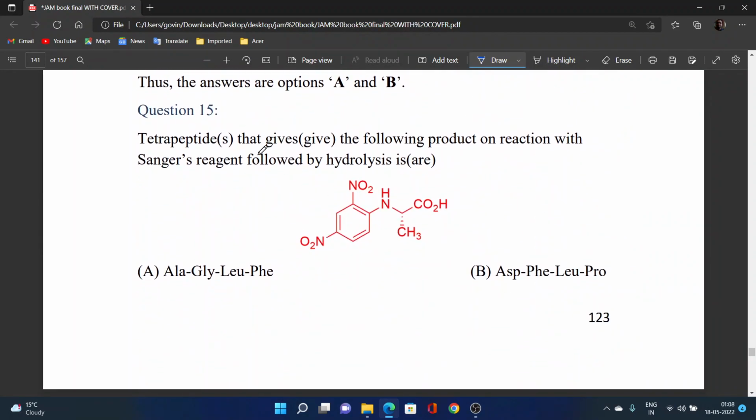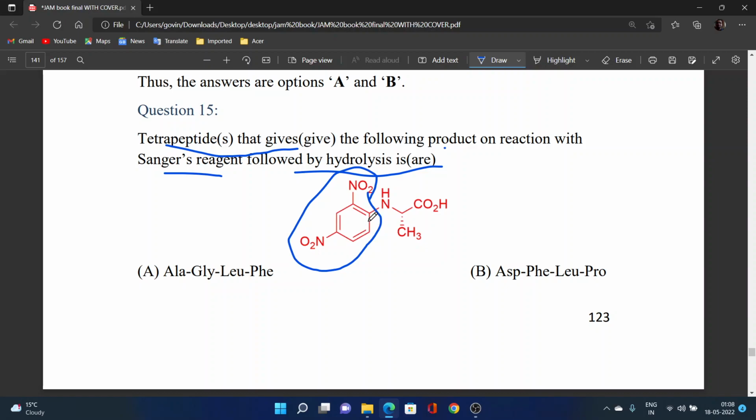Moving to the last question, it says tetrapeptide that gives the following product on reaction with Sanger's reagent followed by hydrolysis. So this part is actually Sanger's reagent, NO2, NO2, and here F is there. 2,4-dinitrofluorobenzene is Sanger's reagent.